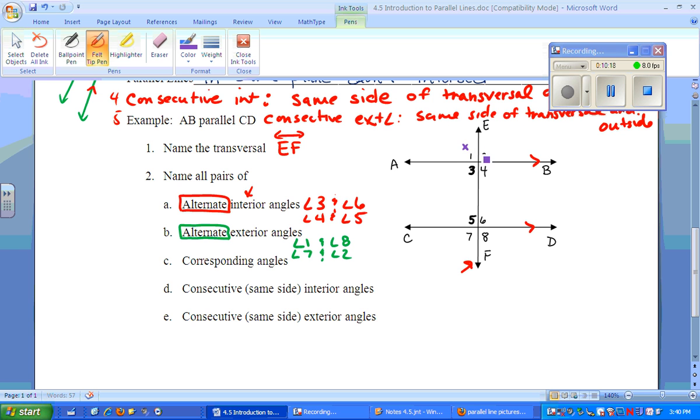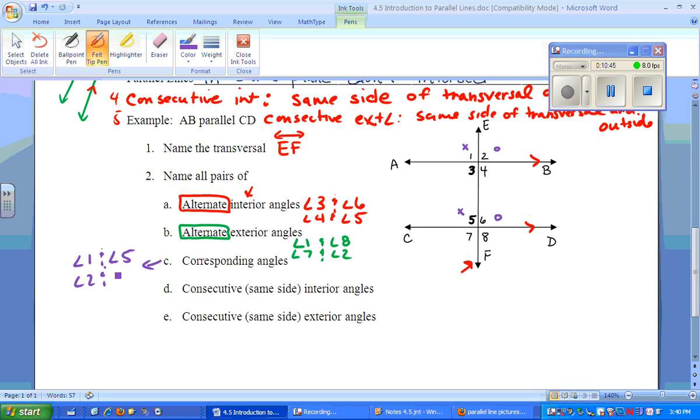So if I start with 1, 1 is in the top left. Its corresponding partner would be number 5, which is also in the top left in this other pod. So the corresponding angles over here would be angles 1 and 5. A second set of corresponding would be angle 2 and angle 6. Why? Because this is in the top right, and 6 is in the top right in this group.